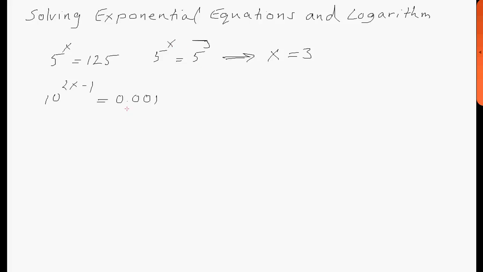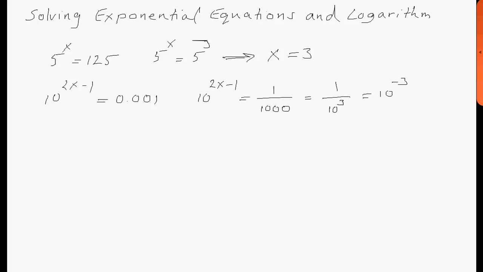Let's look at this other one. We have 10 to the power of 2x minus 1 equals 0.001, but 0.001 is the same as 1 over 1,000, and 1 over 1,000 equals 1 over 10 to the power of 3, which is 10 to the power of negative 3.